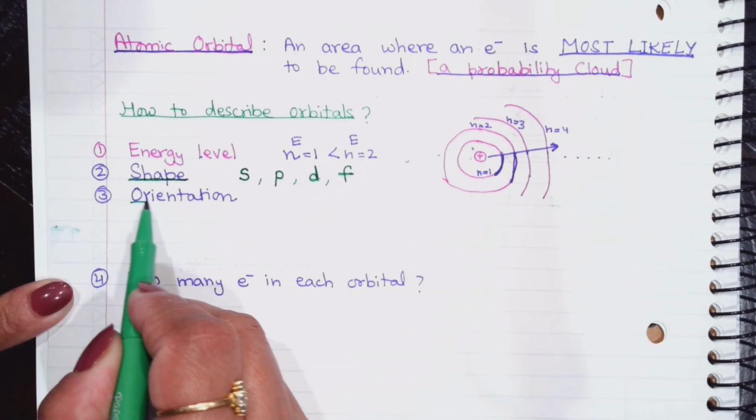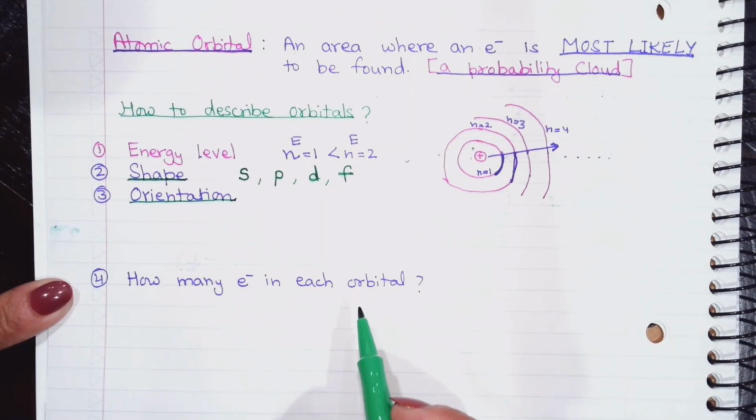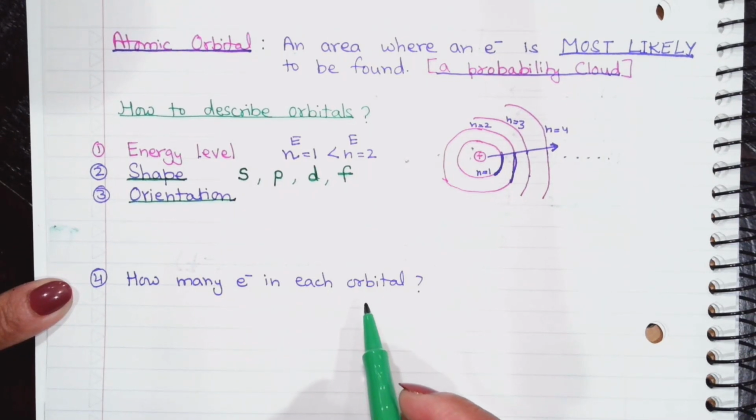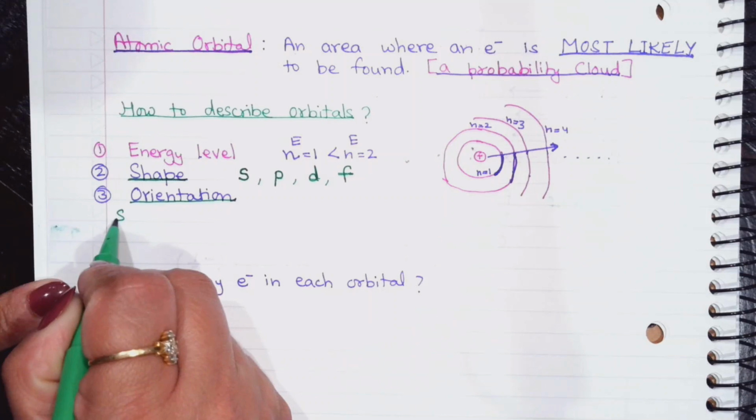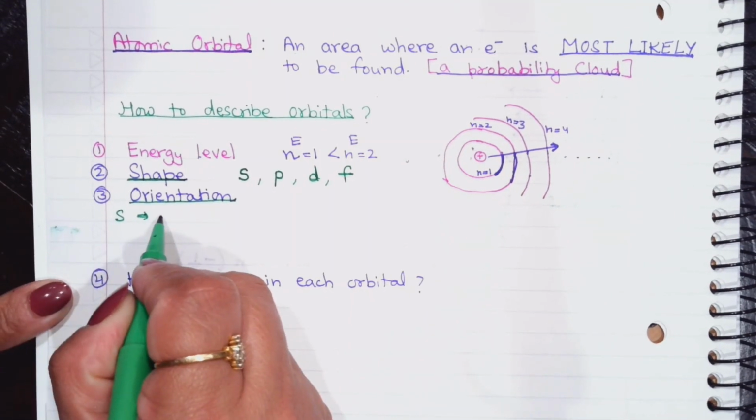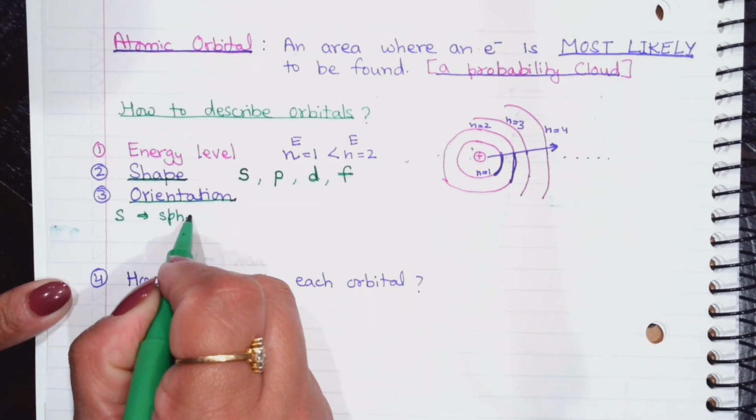Next thing is the orientation of that particular orbital, right? Now s orbitals are spherically symmetrical. S orbitals are spherical.